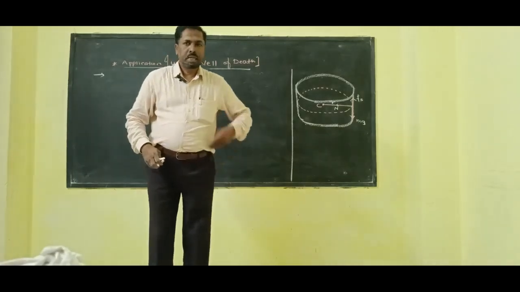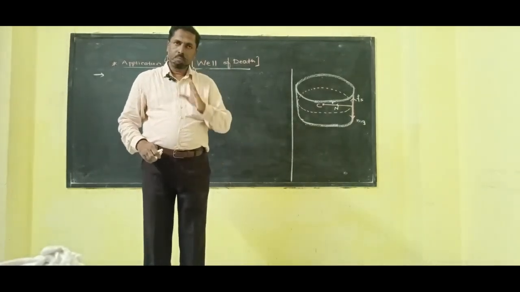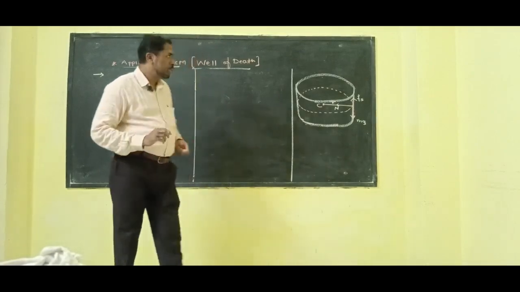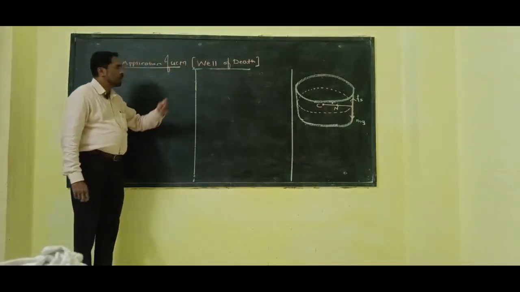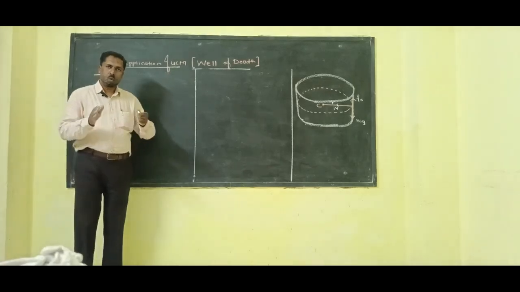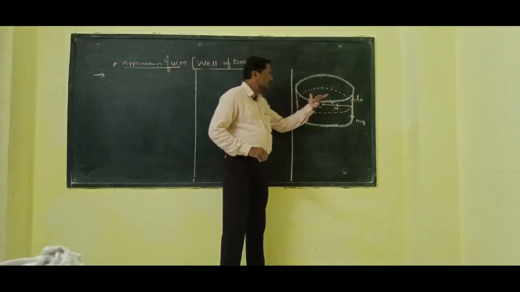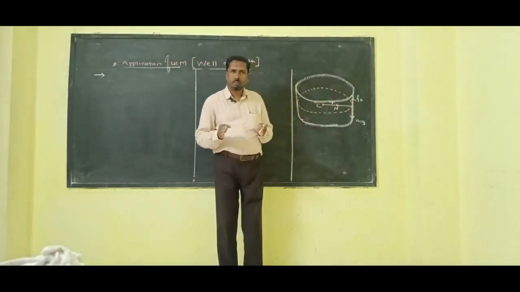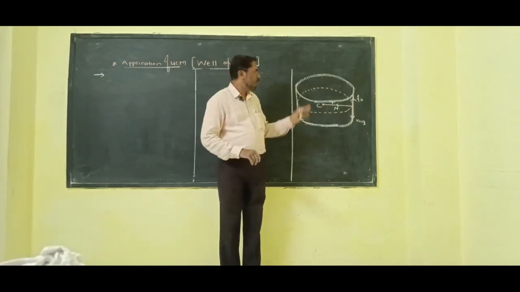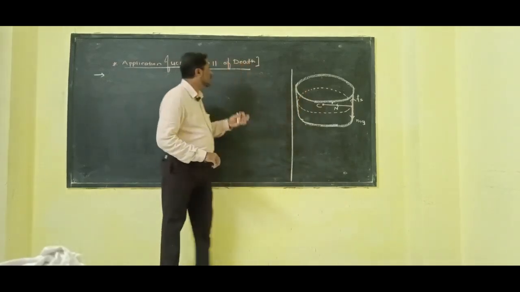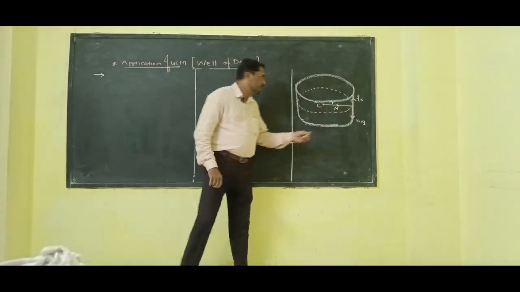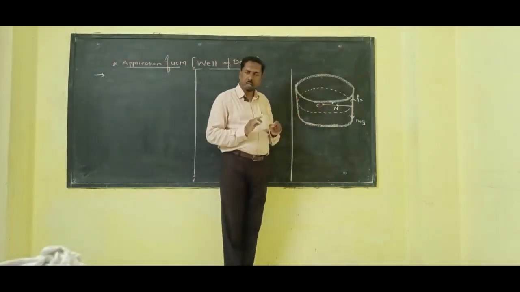Let us consider the second application of uniform circular motion, related to the well of death. What do we understand by well of death? In the figure, there is a vertical cylindrical wall named as well of death, having certain radius r.